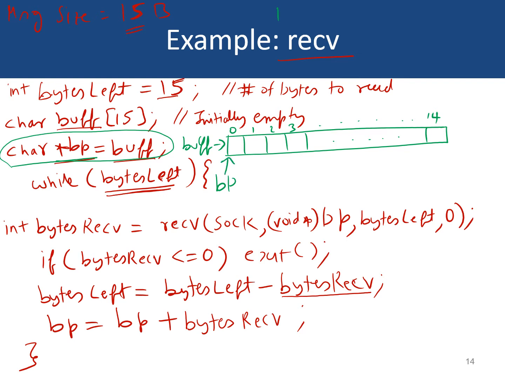Let's assume that in the first iteration of the while loop, 3 characters are received, let's say A, B and C. So this receive function call will place these 3 characters A, B and C inside this buffer, starting from the position indicated by this buffer pointer, which is basically currently pointing to location 0. So A, B and C would be placed here.